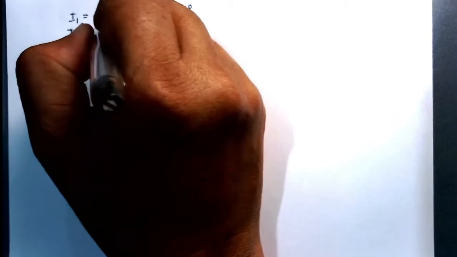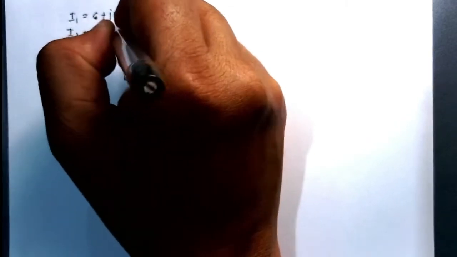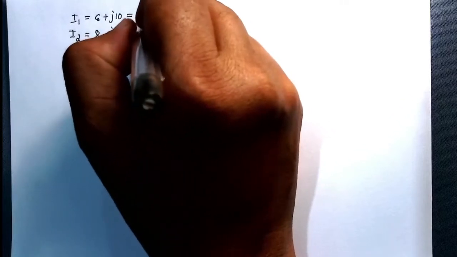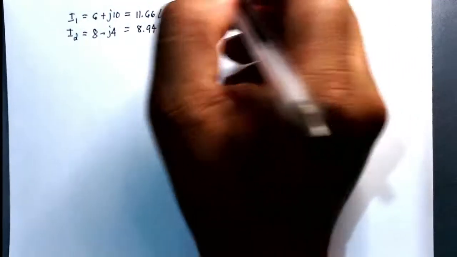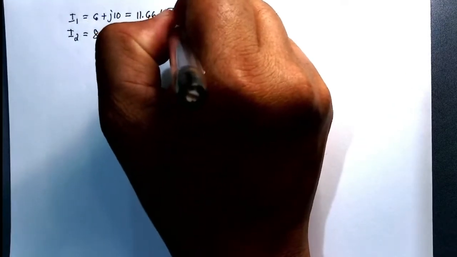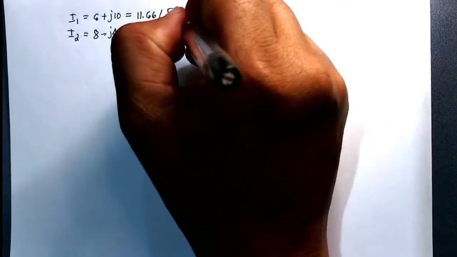And for another current, let's say I sub 2, I'll assign 8 minus j4, which has a polar form of 8.94 cis of negative 26.57 degree.